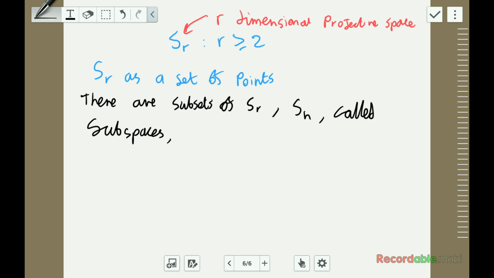And in fact, there's one of those for every integer h that's between -1 and r.